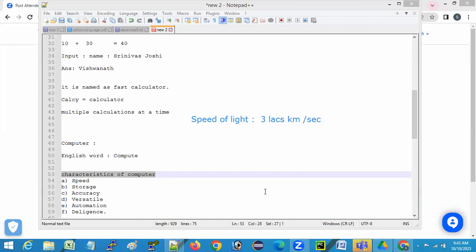Is it possible for a normal human being to do that much speed? Is it possible, guys? It is not possible because we are human beings. We are not a computer. We are not a machine. So that's why it is not possible. This part you have to remember.